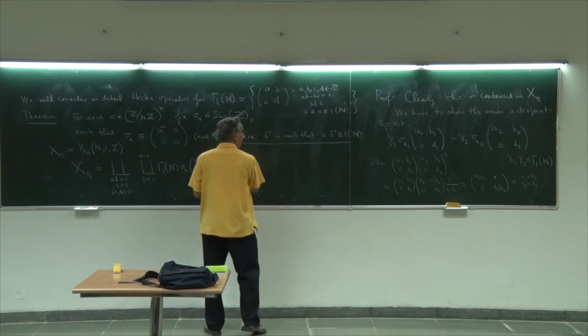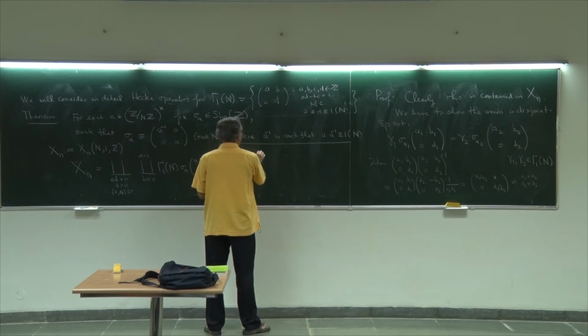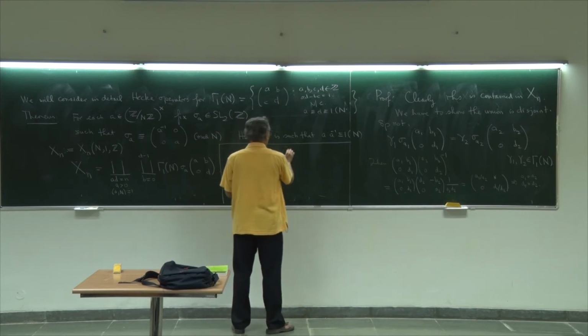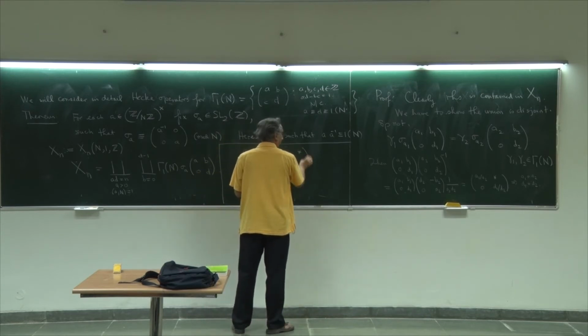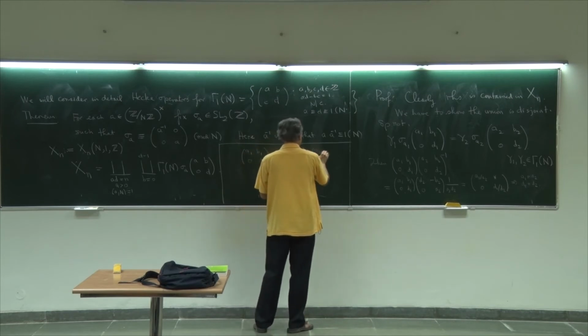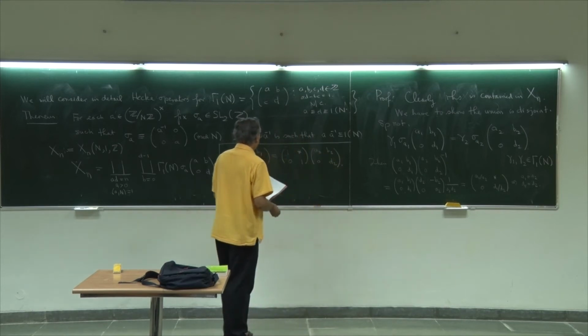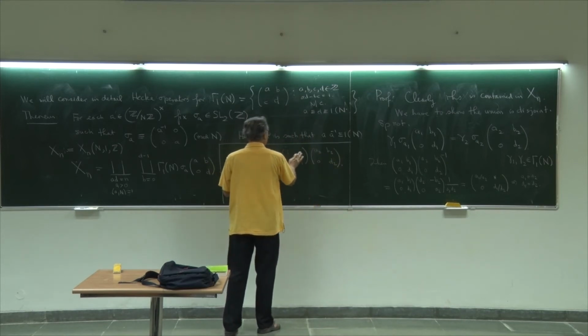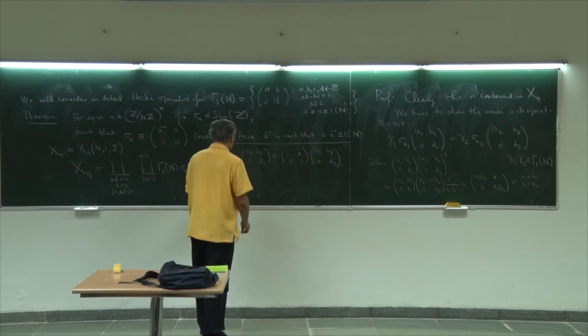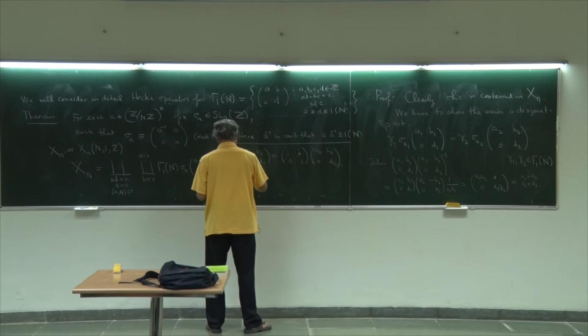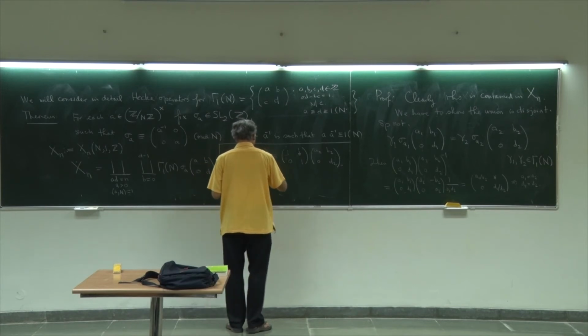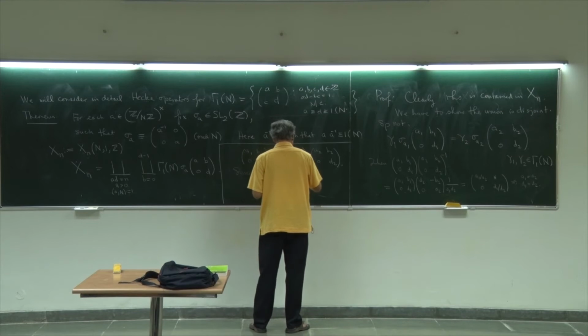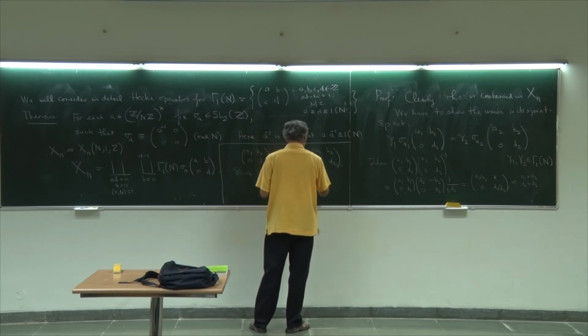So therefore we can write A1, B1, 0, D1 as 1, something, 0, 1 times A2, B2, 0, D2. And so let's call this J. Since B1 and B2 are both less than or equal to D1 minus 1.